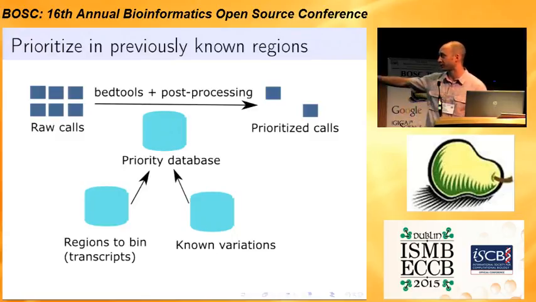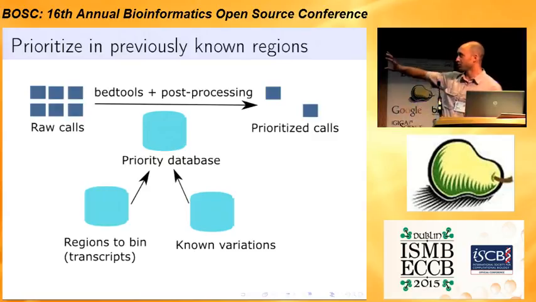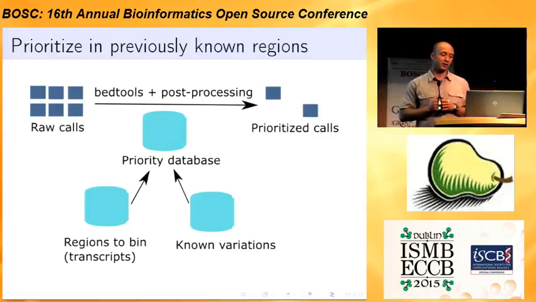Then you take a set of known variations and you build a priority database, which is a fancy name for a big bed file that's gzipped and has information in it. Then you can take your raw calls and run them through a set of tools and get prioritized calls on the other side. So you're basically pulling out the things that should be obvious, that if you were to look through every single one by hand and you were a cancer expert, you would highlight those. The idea is to build a tool that will do that for you.